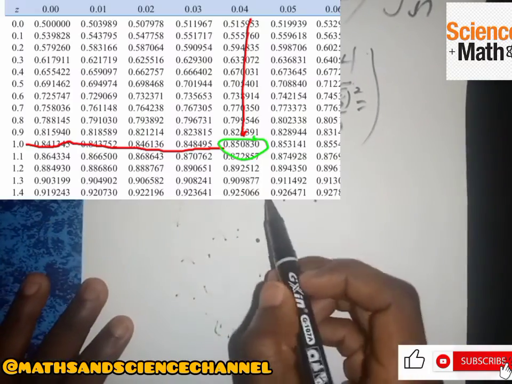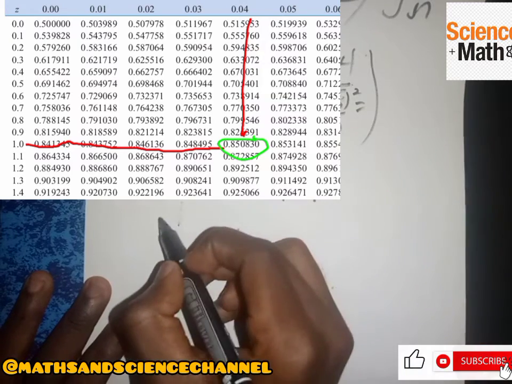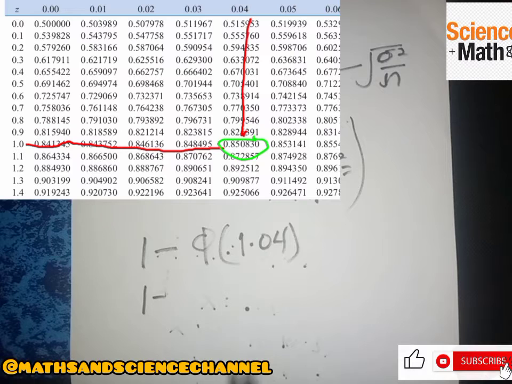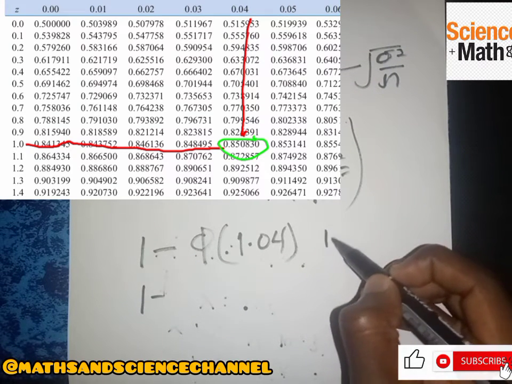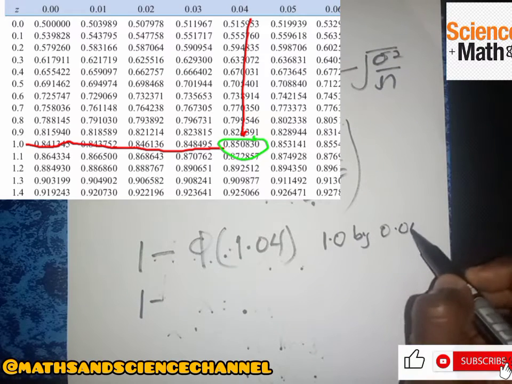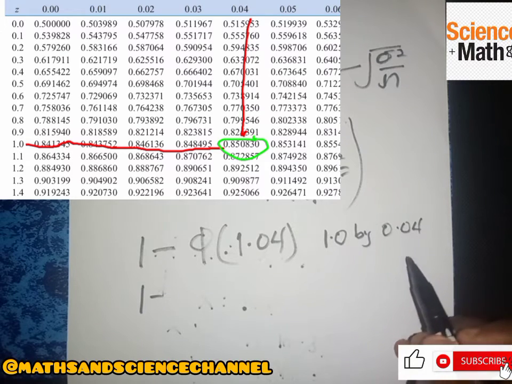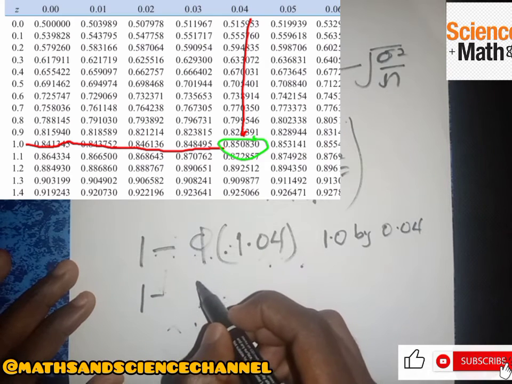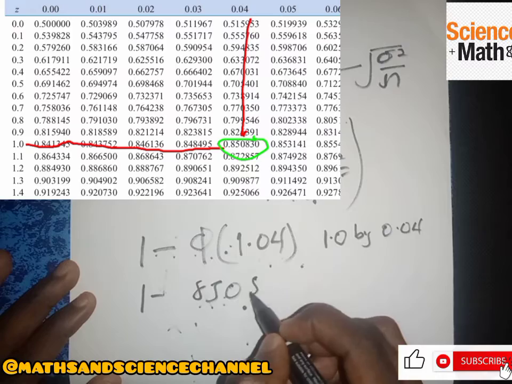Now if you look at the Z table for this value, we have 1 minus the whole of that. On the table we are looking at 1.0 on the right hand side, and 0.04 at the top there. When we do that, we get 0.8508.